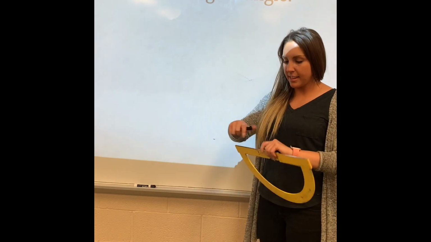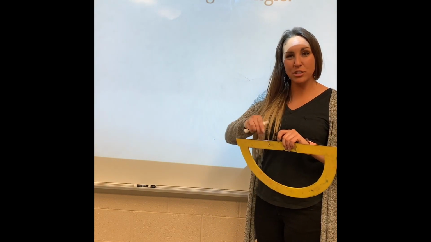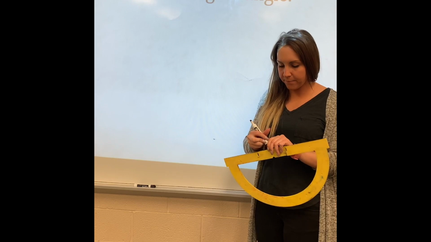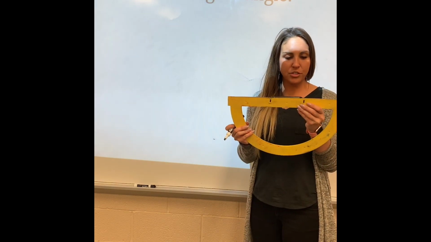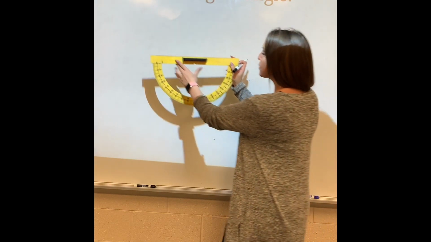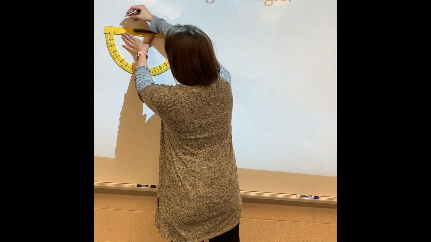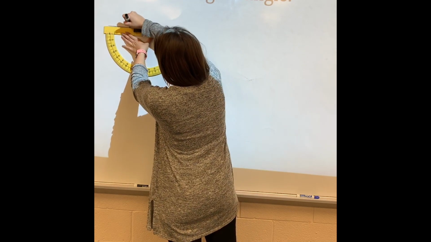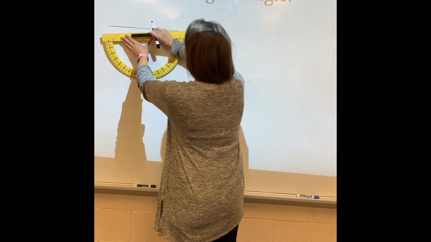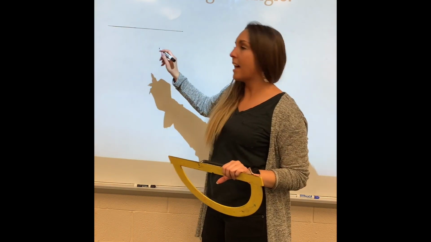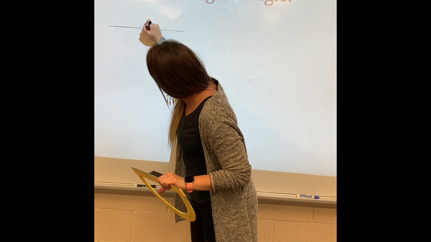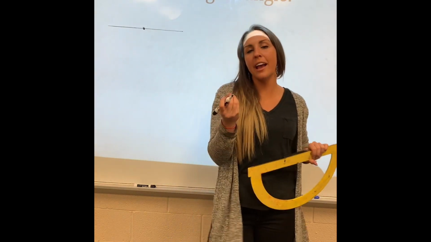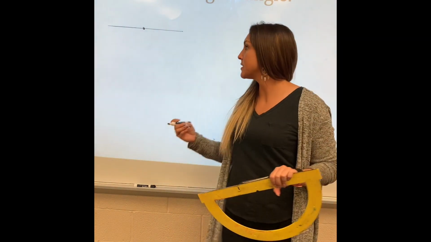So how we do this is we are going to start by using the straight side of our protractor. So I've got the straight side of my protractor and I'm just going to draw a straight line. And somewhere on that line, I'm gonna go ahead and put a dot where I think that the center of that line is.